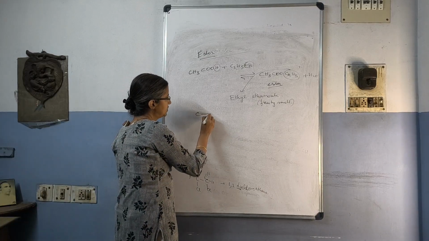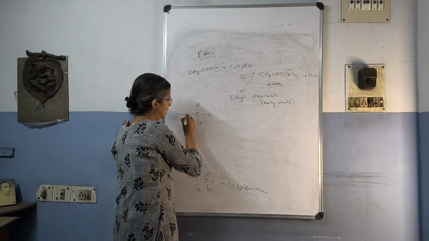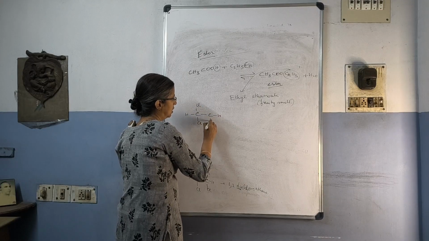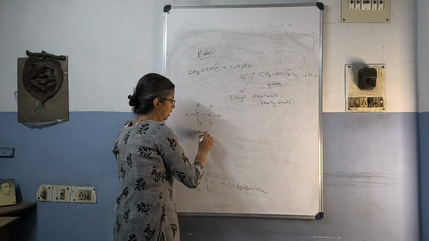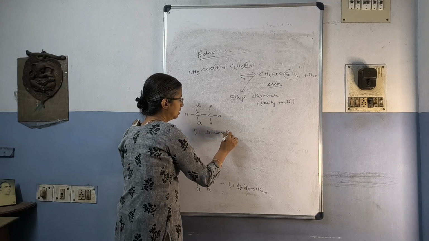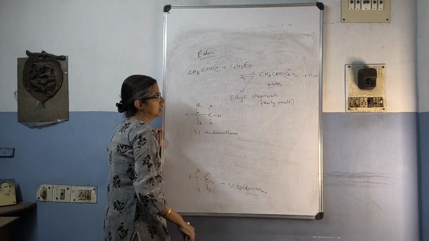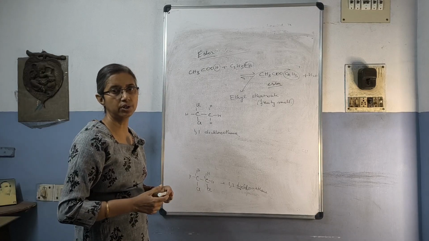Like if we have C bond C and both chlorines are on the same carbon, then we will say 1,1-dichloroethane. Okay, 1,1-dichloroethane.